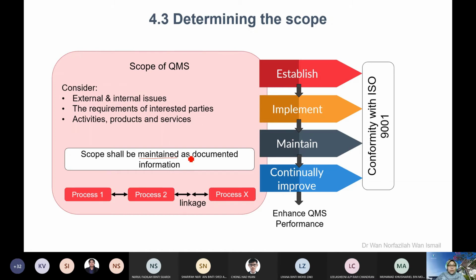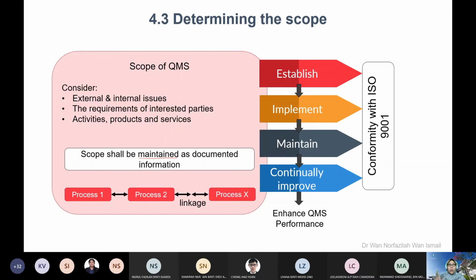So maintain as documented information means that this scope is not a record. And when it is not a record, you can update this scope. For example, if the scope of your lab is water analysis, you have a water analysis lab, and then you want to expand your laboratory.